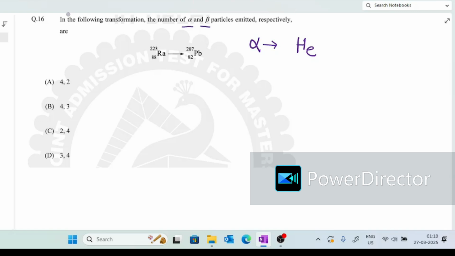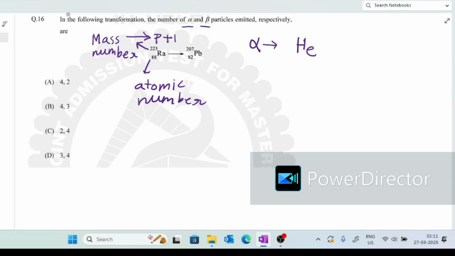And as we know, these things are the mass number and the atomic number. The mass number equals the total number of protons and neutrons present in the nucleus, and the atomic number is just the number of protons present in the nucleus.